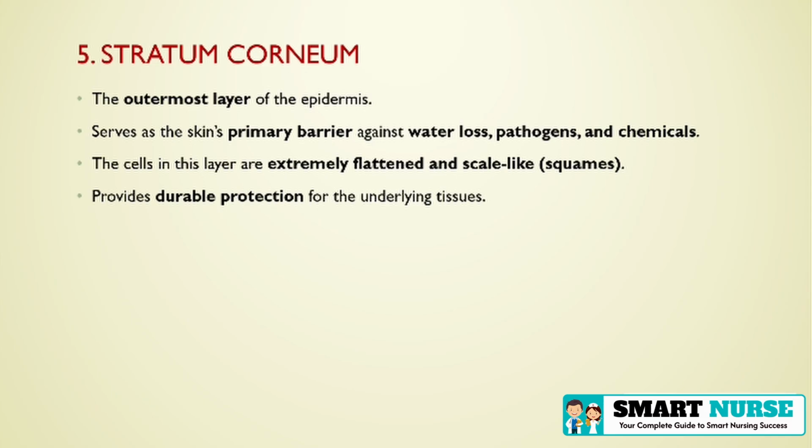Due to the presence of these scale-like cells, they are called squamous. The stratum corneum provides durable protection. Its main function is to protect the underlying tissues of the skin.